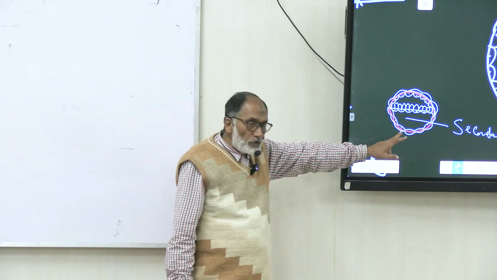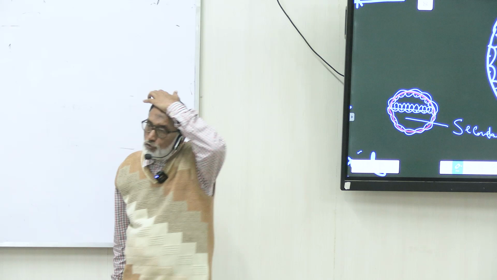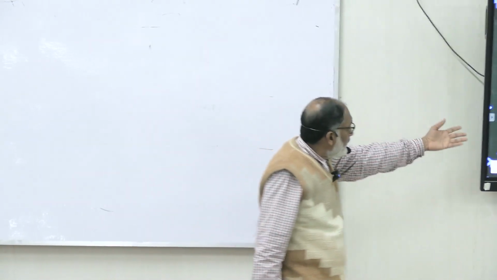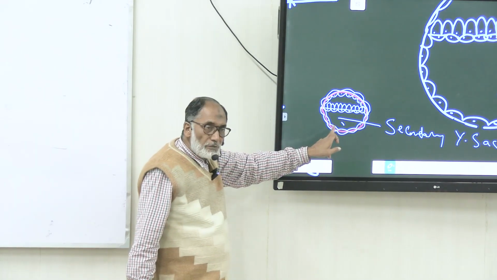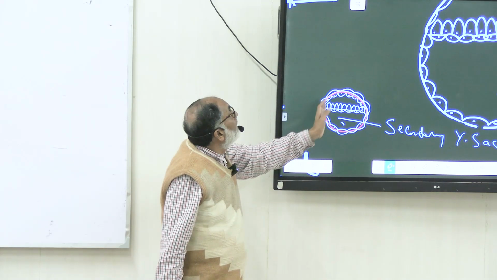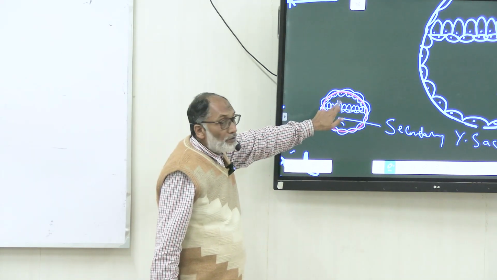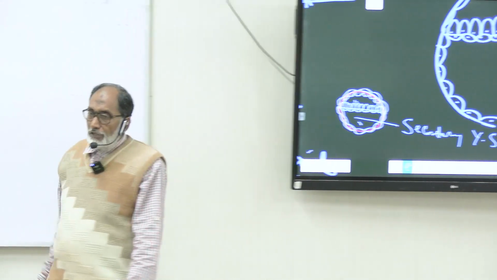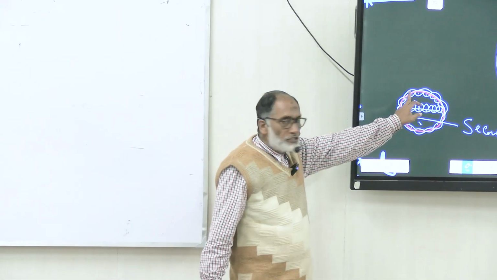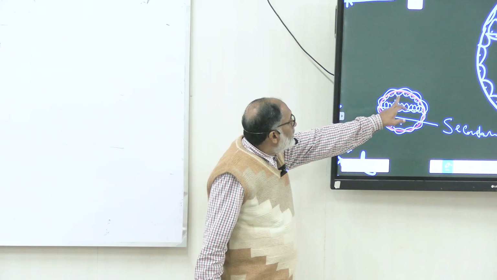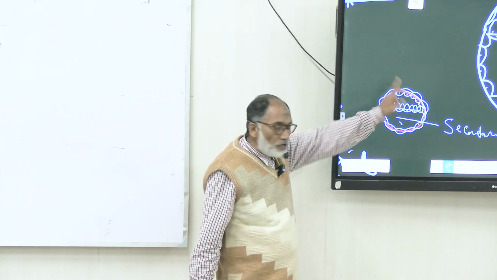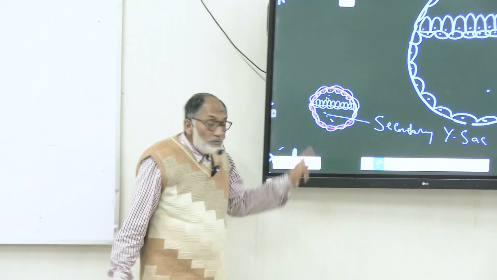Deep to the trophoblast, the red one is the extraembryonic mesoderm, and deep to that, around the yolk sac, is called Heuser's membrane, and around the roof of the amniotic cavity are the amniogenic cells. The amniogenic cells are derived from the trophoblast, and the Heuser's membrane cells are coming from the hypoblast. Is it clear?